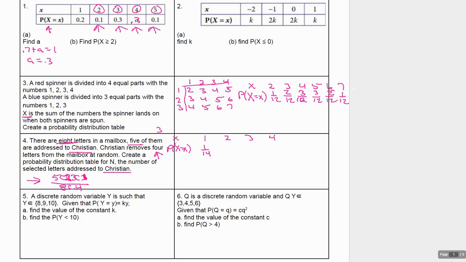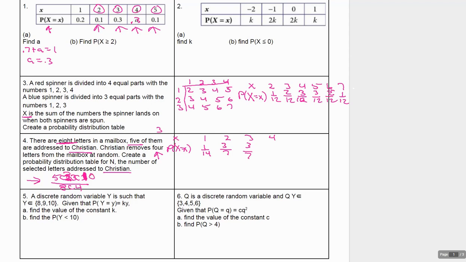Three over 7. And now if I have 3 of them for him, this is going to become a 3, and this is going to become a 1. Also 3 over 7. And then the last one is that I have 4, so this can be 5 choose 4 over 8 choose 4.